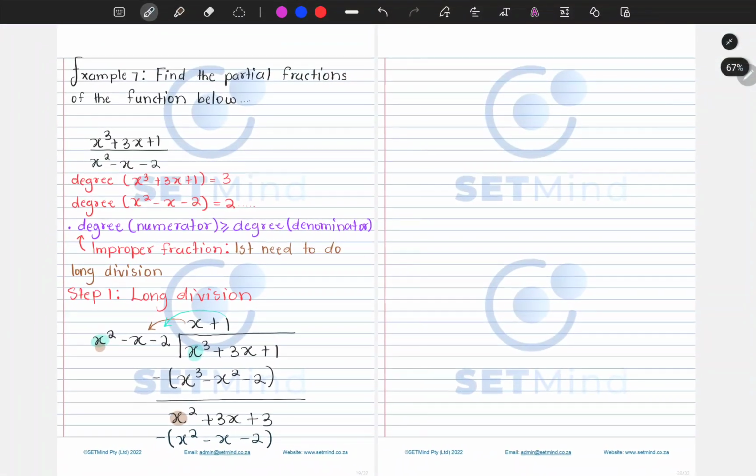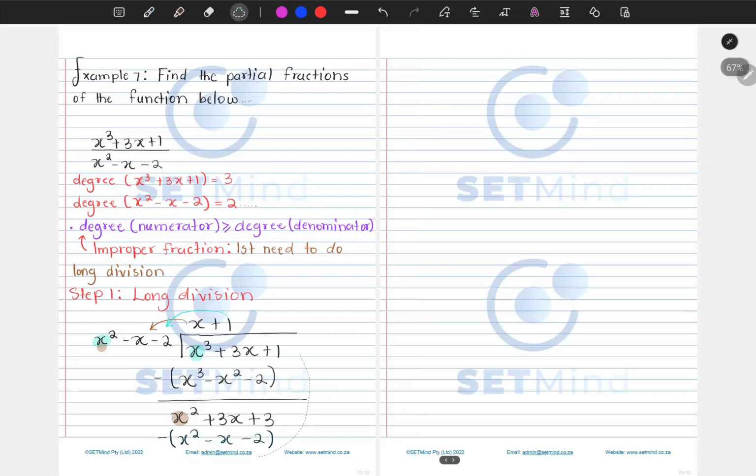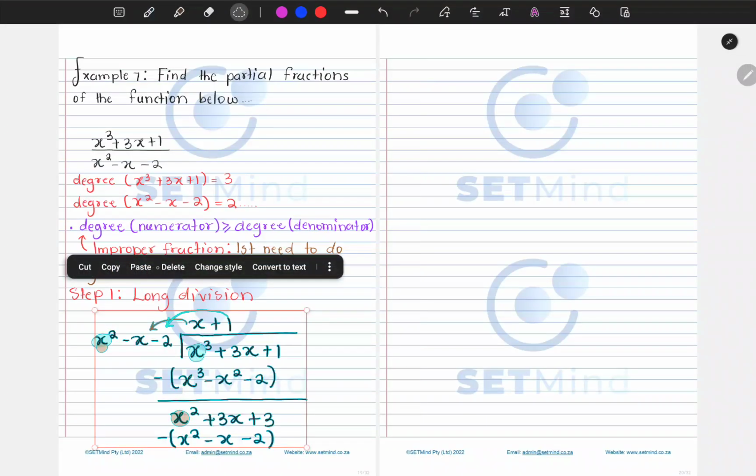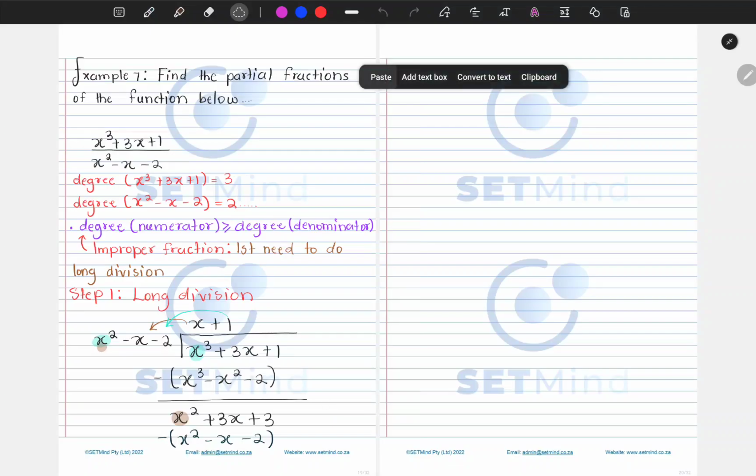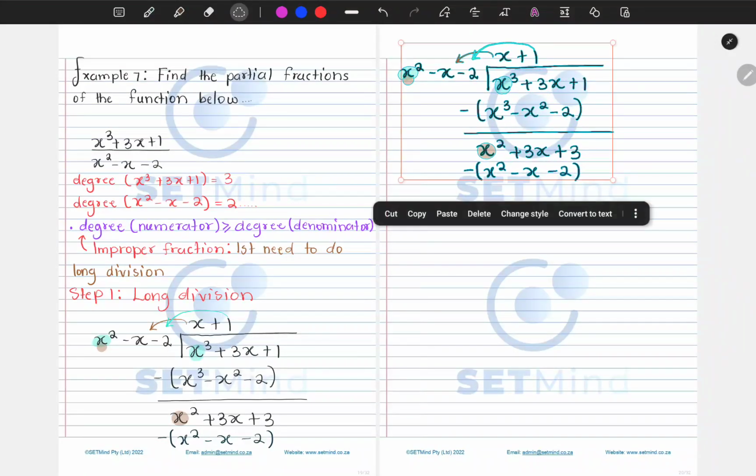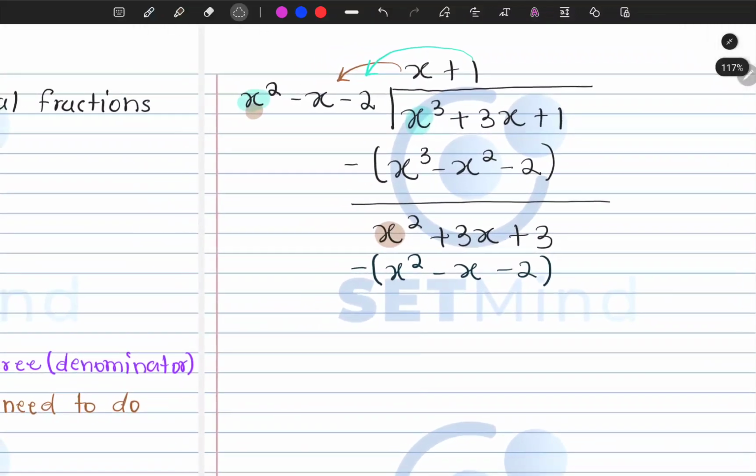So let's quickly take this to the next page and see what we obtain. Please revise long division. There's a session that was focused on polynomials where we did long division. I urge you to check it out.